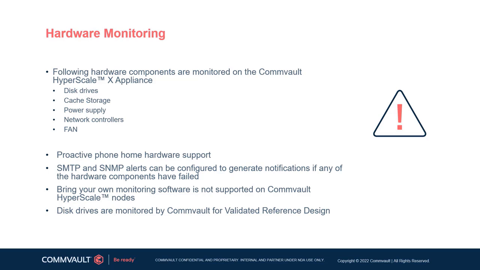On the Hyperscale X appliances, configurable SMTP and SNMP alerts will be generated if any of the hardware components are found to be bad. No additional software can be installed on Commvault Hyperscale X nodes. This includes third-party monitoring software. For validated reference designs, currently only the disk drives are monitored by Commvault.